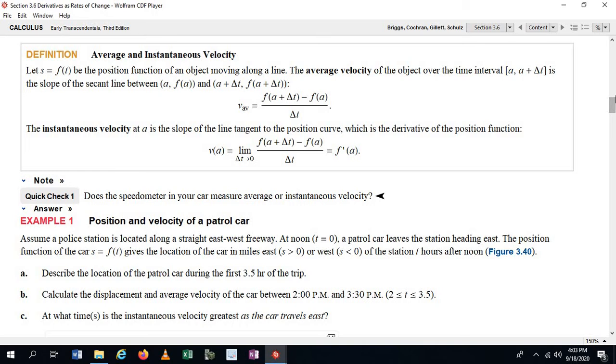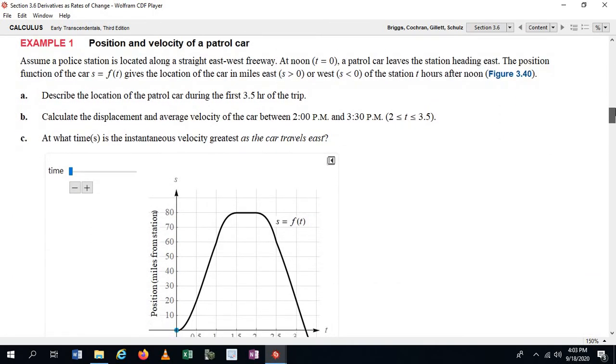Okay, so let's look at this first example. In this example, we have a police station that is located on an east-west freeway. At noon, which is t equal to 0, a patrol car leaves the station heading east.